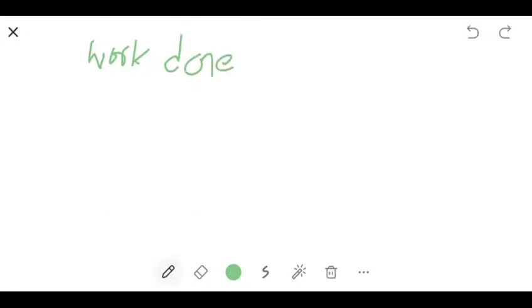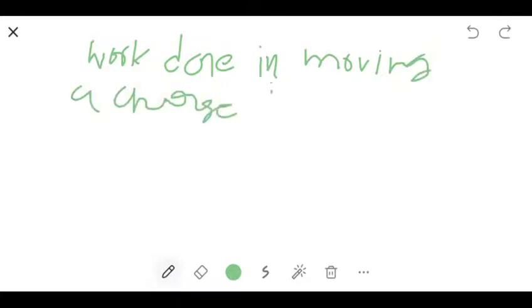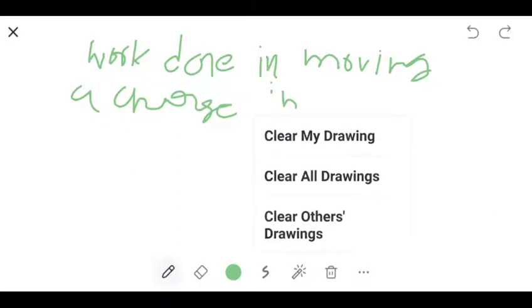Work done in moving a charge in an electric field. Make that heading. Now we are considering a charge.